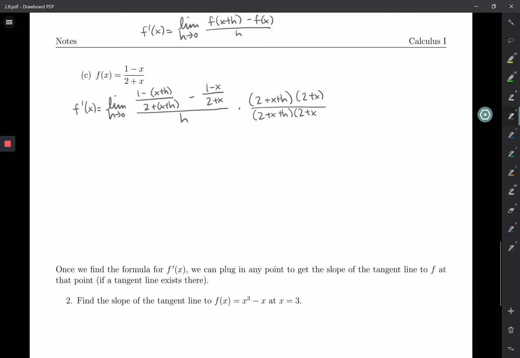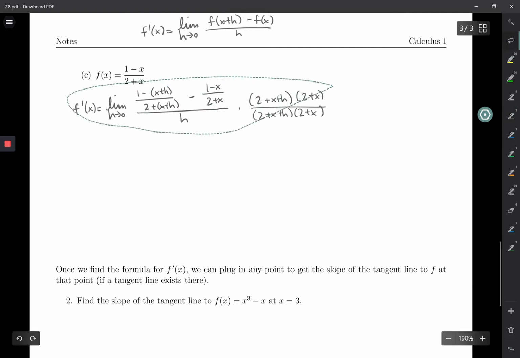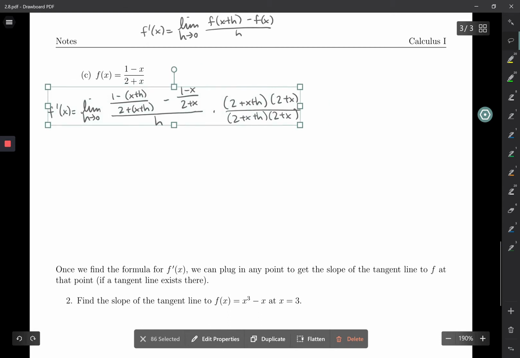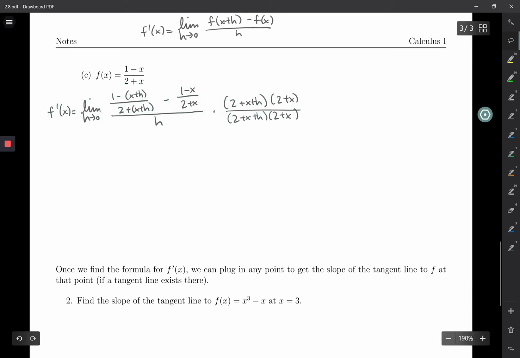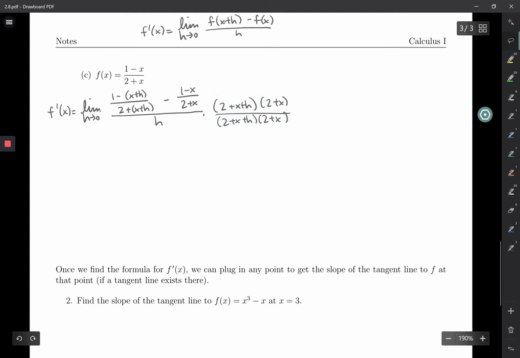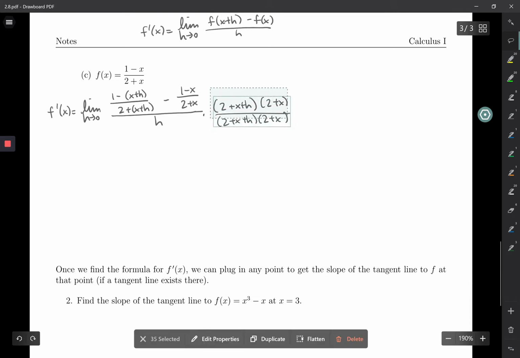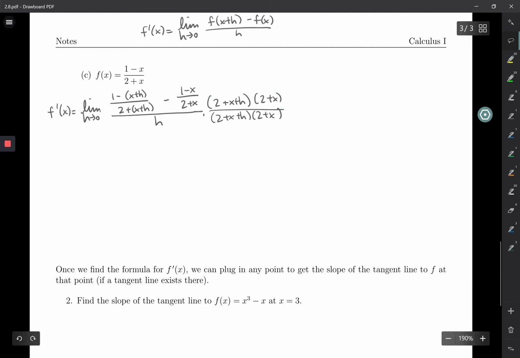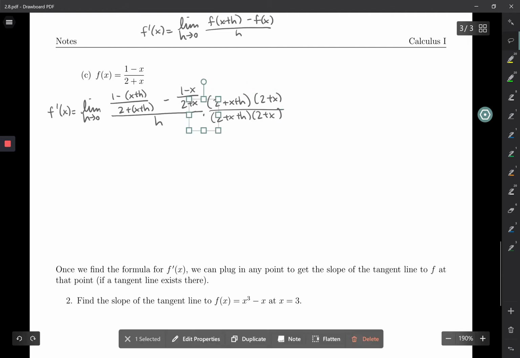Okay, I'm going to move this over so that I maybe have a little bit of room. Maybe squish these together.